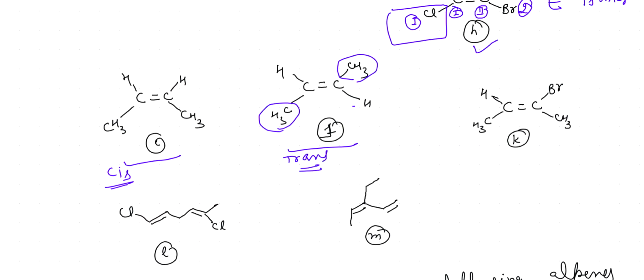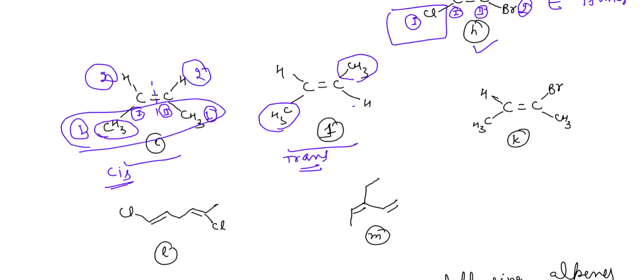ranking. This is your carbon number 1 and carbon number 2. On carbon number 1, this is your high ranking group 1 and this is your second. And the same on the right hand side, methyl group has more priority as compared to hydrogen. So both the high priority groups are present on the same side. So it will also be designated as Z isomer.